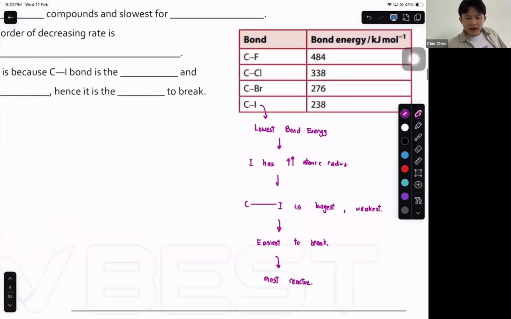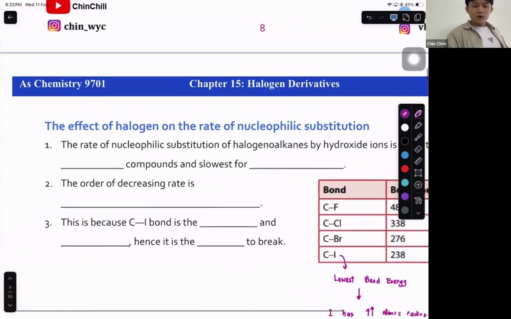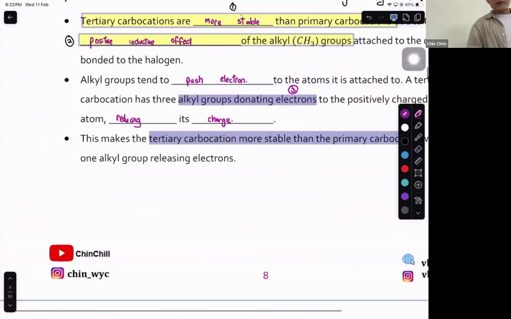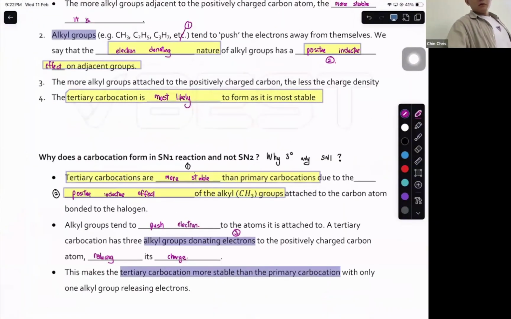I haven't finished copying yet the previous one. Okay, I'll scroll back to the previous page. Go, copy, go, copy. Done.